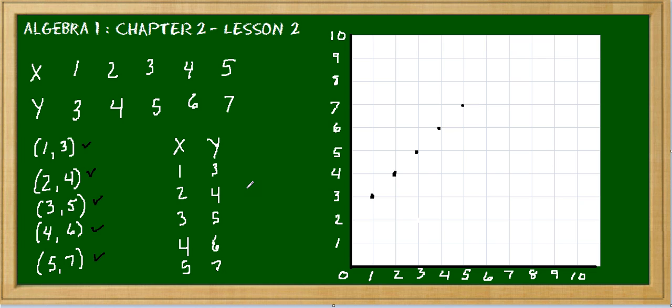We're not just bound to x and y, but we're using this initially so you can see we had the x-axis over here and the y-axis up here. That's how we originally started, so we know which direction we go with each value. Okay, and that's it for lesson number 2.